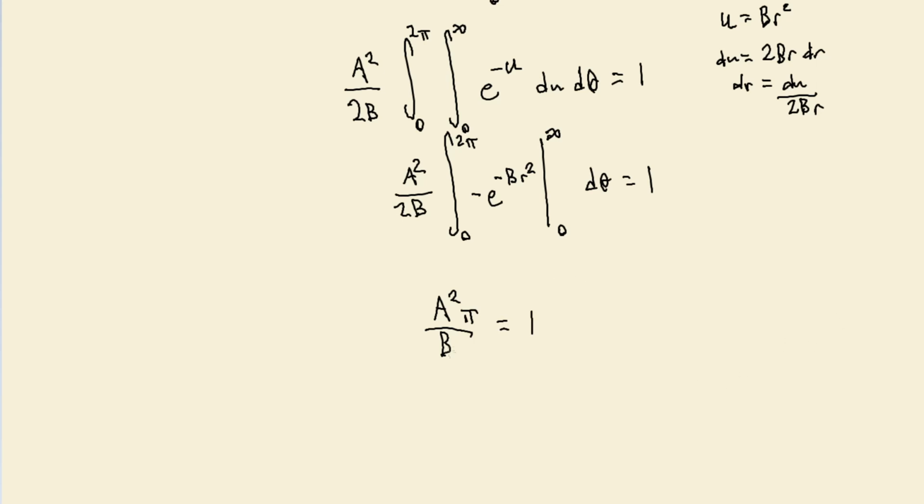And so now, as we said, we have enough information to solve for a. And so what are we going to get? We get a is equal to the square root of, let's see, this is going to be b over pi. And so we have solved for a.